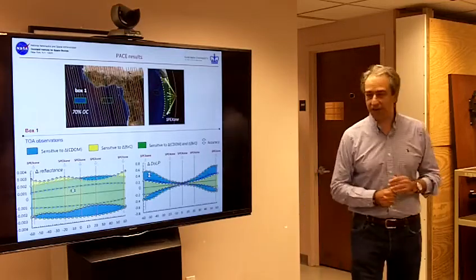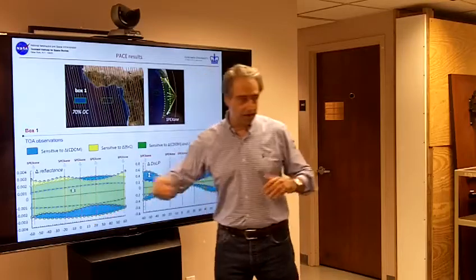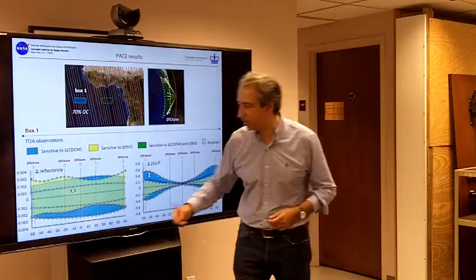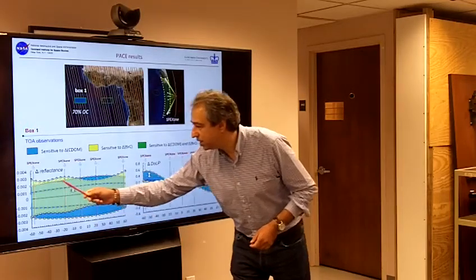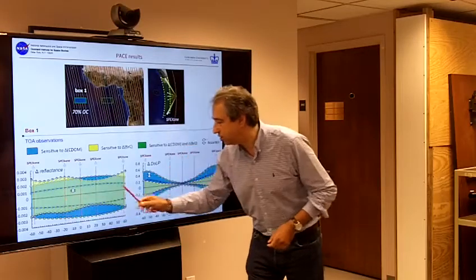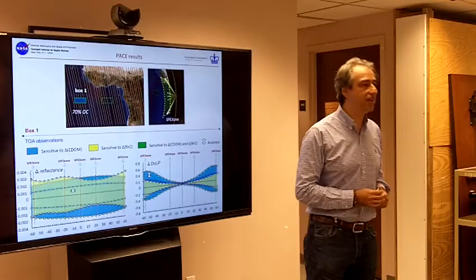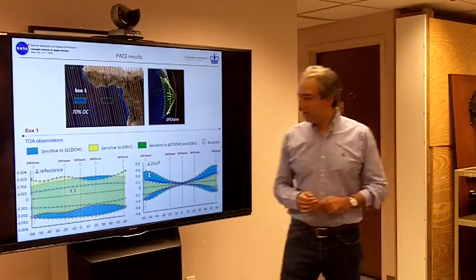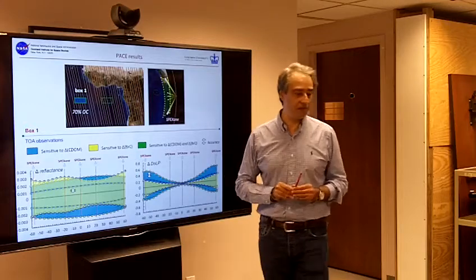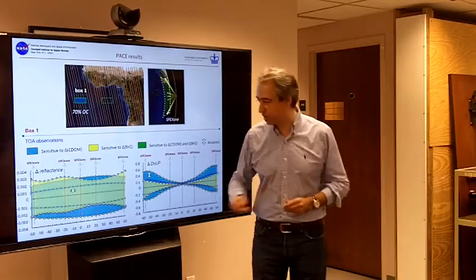Another thing that will provide extra constraints is that if you look at the angular variation in perturbations caused by CDOM, that is indicated by this curve here, and this curve here, and this curve here, it shows much less variation than the variations in angular reflectances that are caused by perturbations in brown carbon.